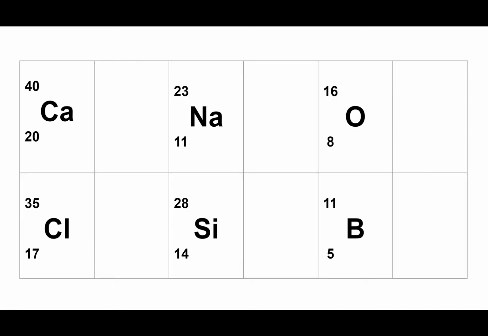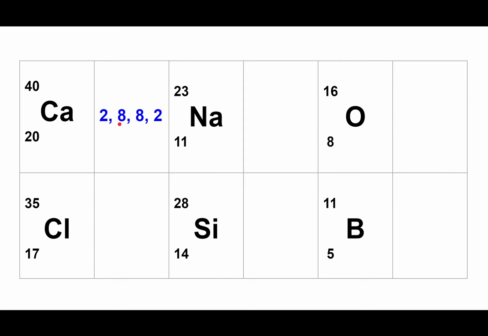So let's take a look at some examples. Calcium has 20 electrons. For 20 electrons, we need to fill in each subsequent shell. So we're going to have 2 electrons in the first shell. That's only 2.